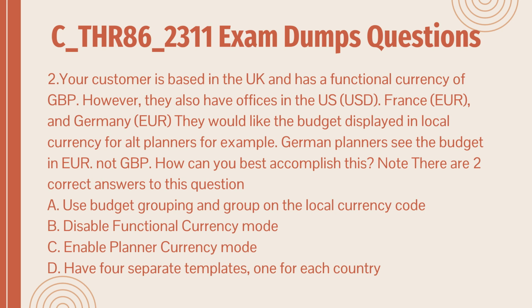How can you best accomplish this? Note there are two correct answers to this question. A. Use budget grouping and group on the local currency code. B. Disable functional currency mode. C. Enable planner currency mode. D. Have 4 separate templates, one for each country.